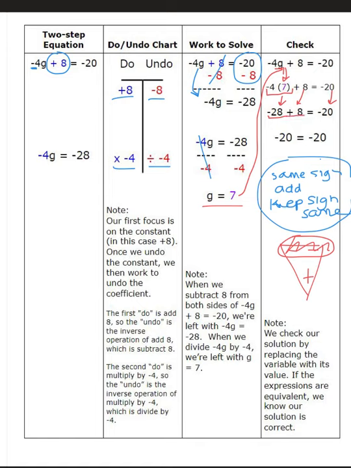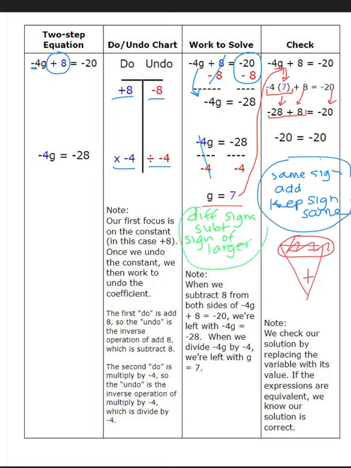Now we have here -28 plus 8. Well, how did we get -20? So here you need to remember different signs. You subtract and take the sign of the larger number.